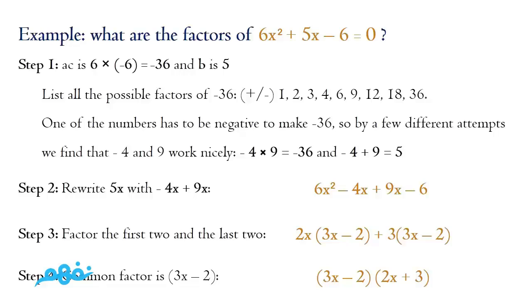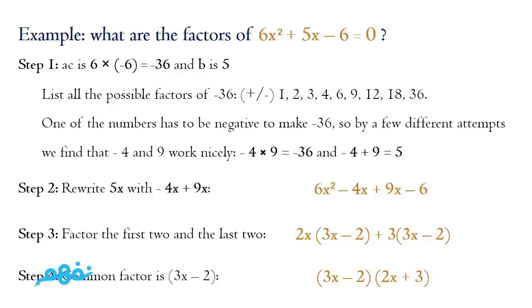Then we factor the first two and the last two. The first two, 6x to the power 2 and negative 4x, have a common factor, which is 2x. After factoring, it will be 2x multiplied by (3x minus 2). And the last two will be 9x minus 6.